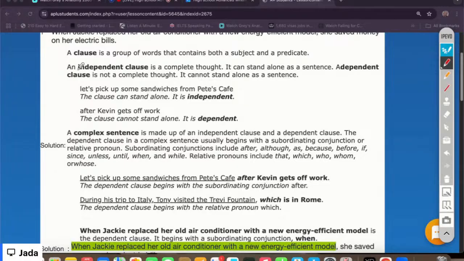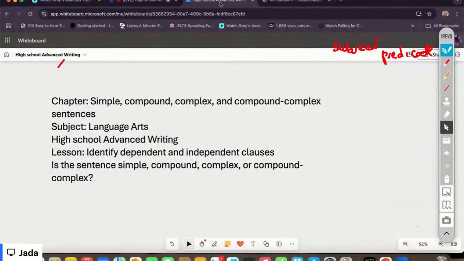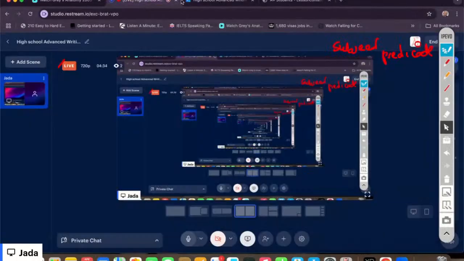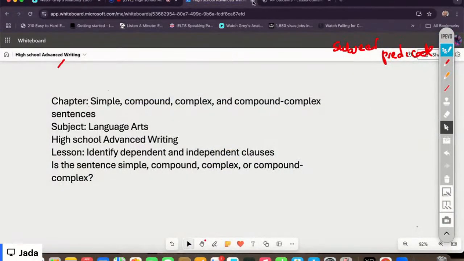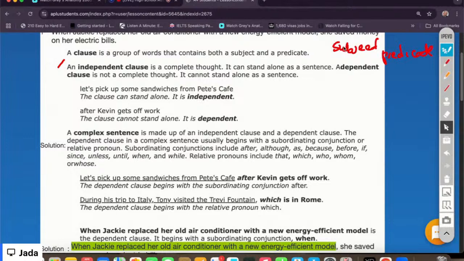All right, so we will start now. A clause is a group of words that contains a subject and a predicate. So a clause contains both the subject and predicate. Now, under the clause, we have the independent clause.